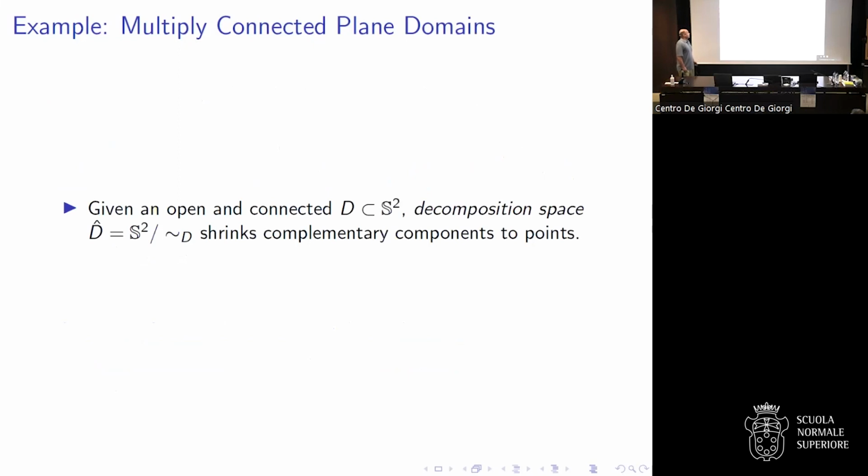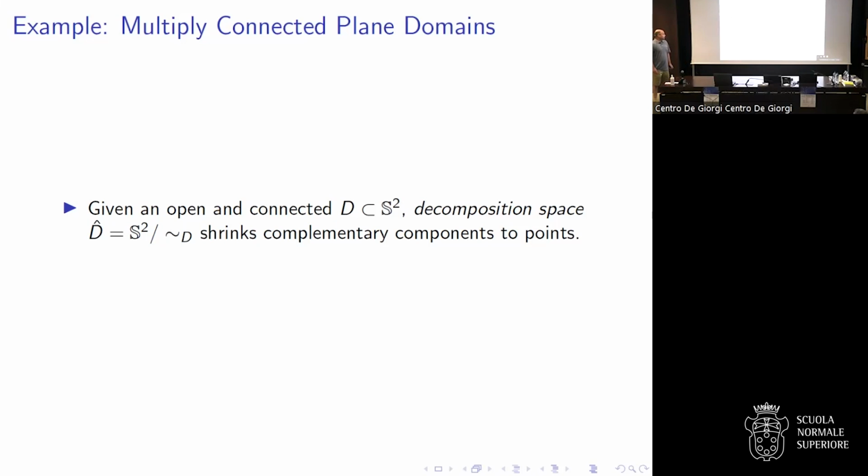Let me try to illustrate this a little bit with an example of multiply connected plane domains and their decomposition spaces. If you start with a domain D on the two-sphere, infinitely connected, so that's interesting, there's an associated decomposition space which shrinks all the complementary components to points, like the disk example I had earlier.